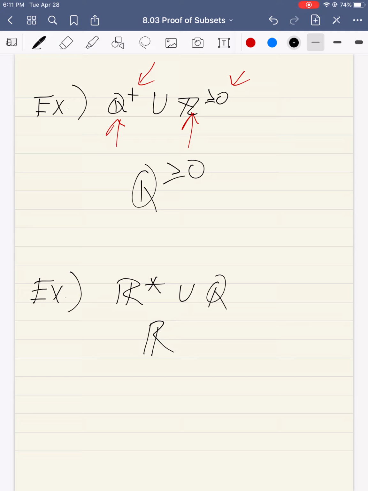So the only thing that's not included in R star that is included in Q is just 0. So consequently, the only thing that I need to essentially add to this set would be 0. And then that is just actually the set of all real numbers. So we have found the union. It's just the set of all real numbers.